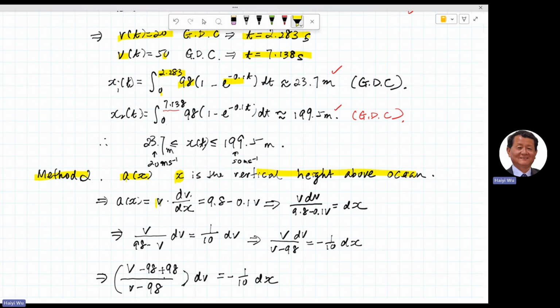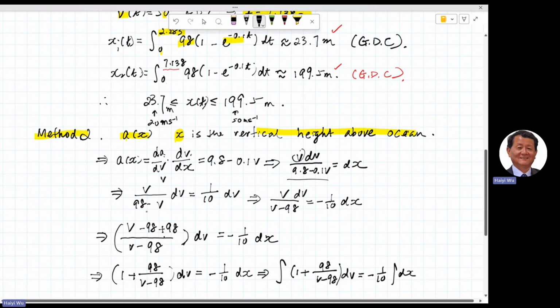So we differentiate V with respect to X, that's dV dx. So this is actually dA dV times dV dx. So dA dV is V, the velocity. Therefore, I'm going to move things around. So this is V divided by that equal to X.